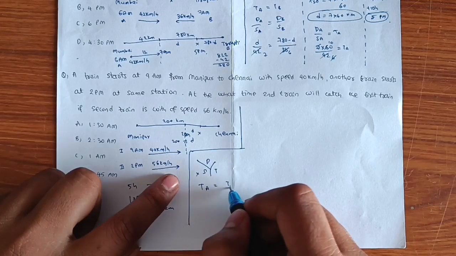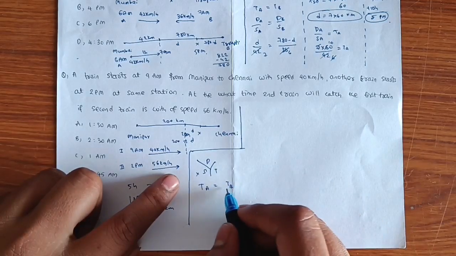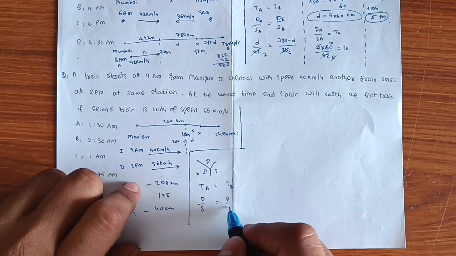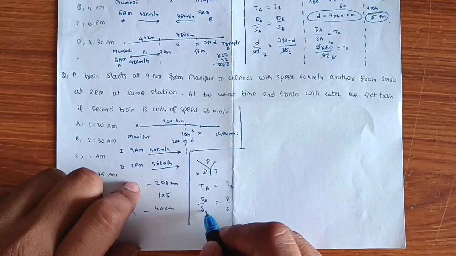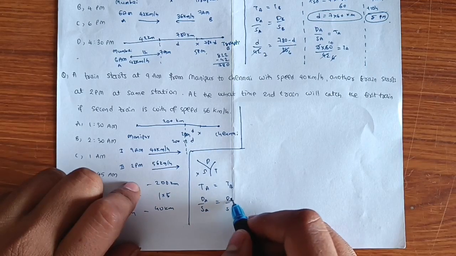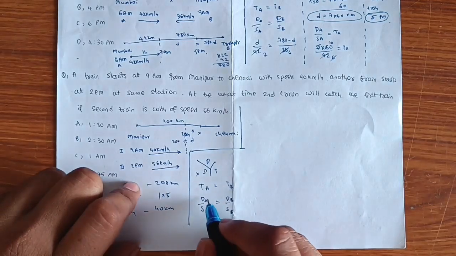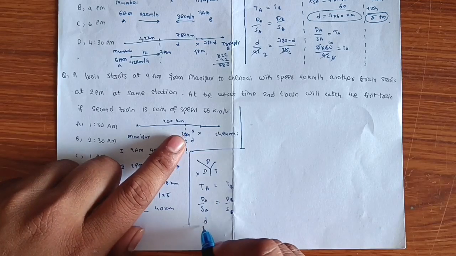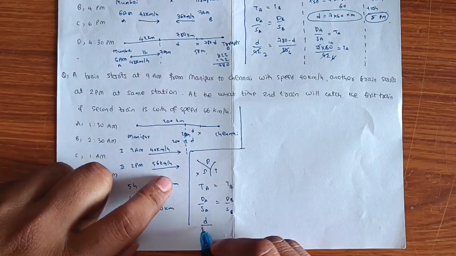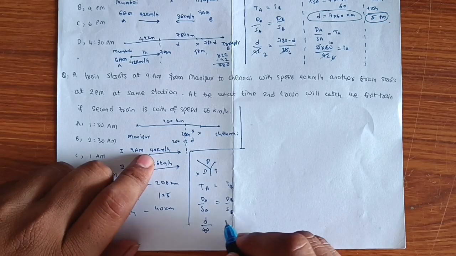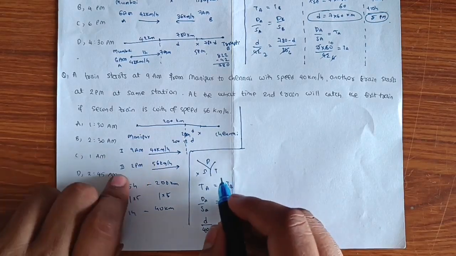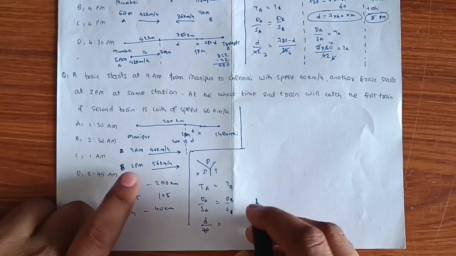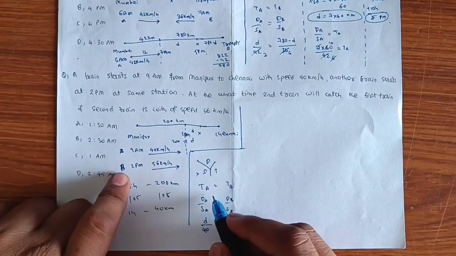Time taken by A equals time taken by B. So time is d by s: the distance covered by A over the speed of A equals the distance covered by B over the speed of B. So the distance covered by A from 2 p.m. is d kilometers with the speed of 40 kilometers per hour. Let us take the first train as A and the second train as B. Taking any one of them, no problem.